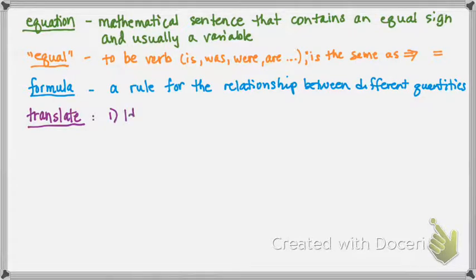So you're going to identify the unknown. So what's going on in the problem? What is the unknown? And that's going to be your variable. Okay, so we're going to use a variable to hold the place. So we're going to assign a variable.